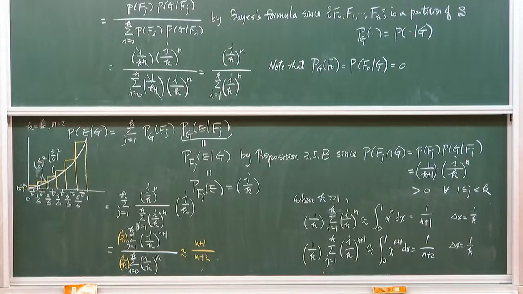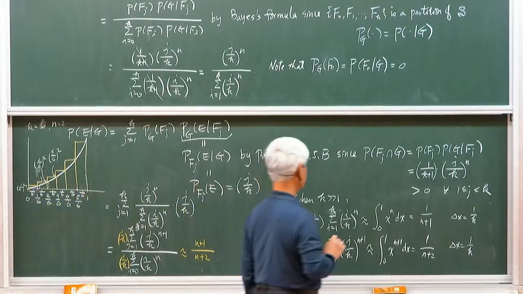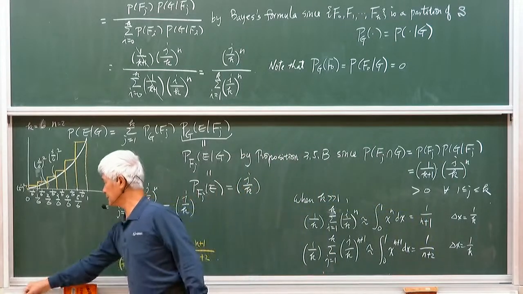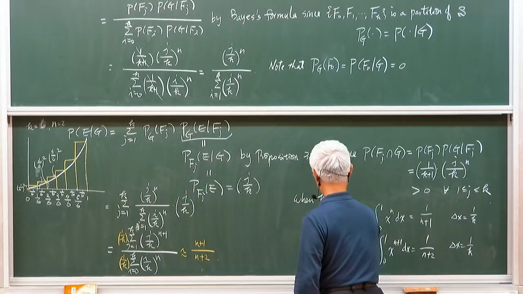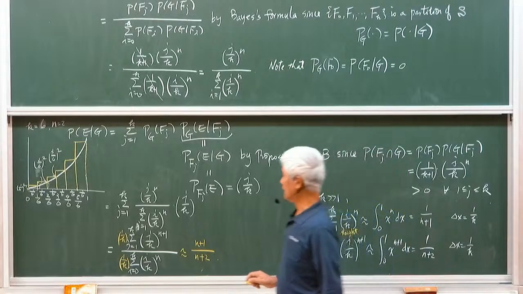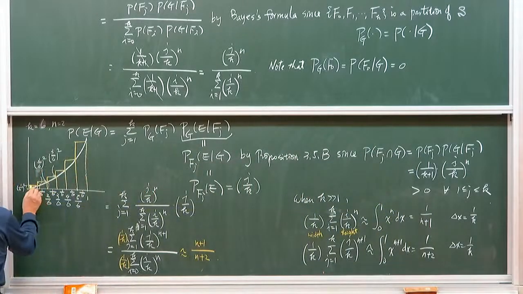Okay. So this is the width. This is the width, and this is the height. Okay. So the summation is the area here, the yellow part.